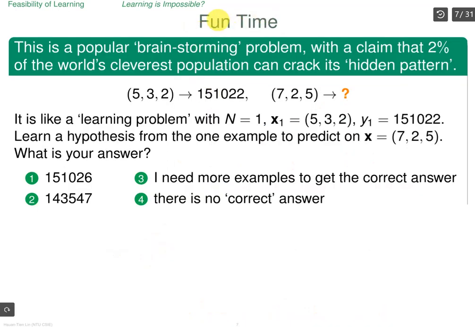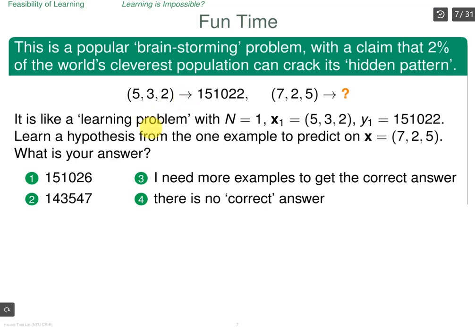Here we have another fun time or quiz. This is a very popular brainstorming problem with the claim that 2% of the world's cleverest population can crack its hidden pattern. I believe you have seen these kinds of problems sometime in the past.